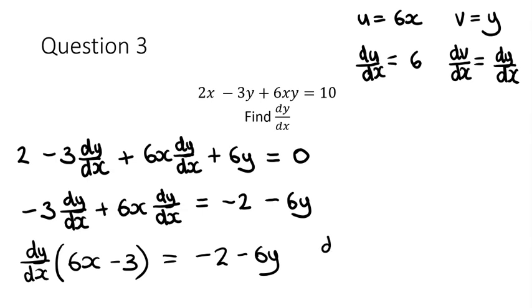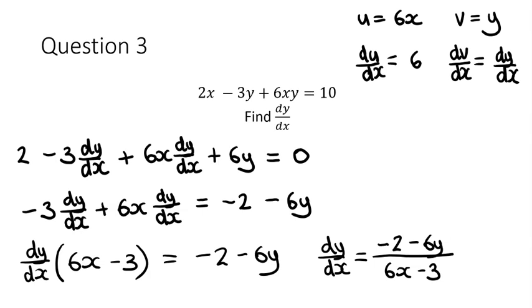So the benefit of factoring this out is I can simply now divide both sides by 6x minus 3. So I end up with this result of minus 2 minus 6y divided by 6x minus 3.